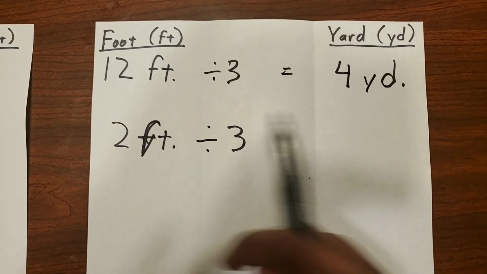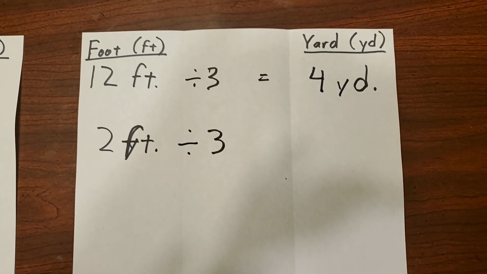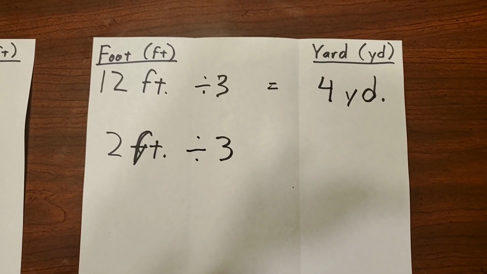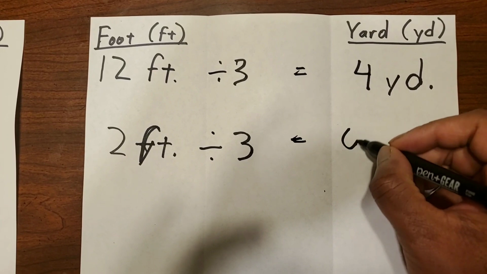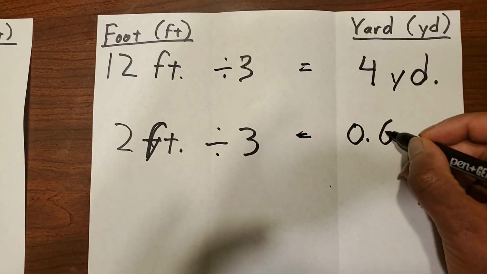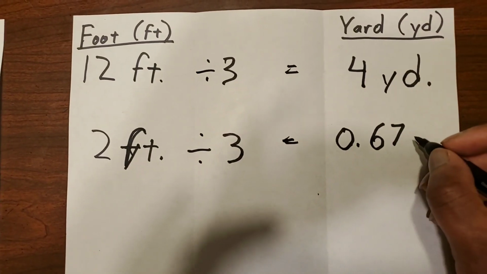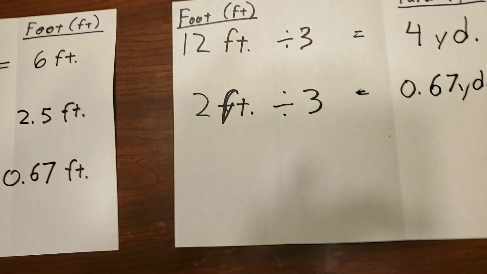For this one, it's going to be under a yard because we don't have a whole yard. So what's 2 divided by 3? On my calculator, I got 0.67. 0.67 yards.